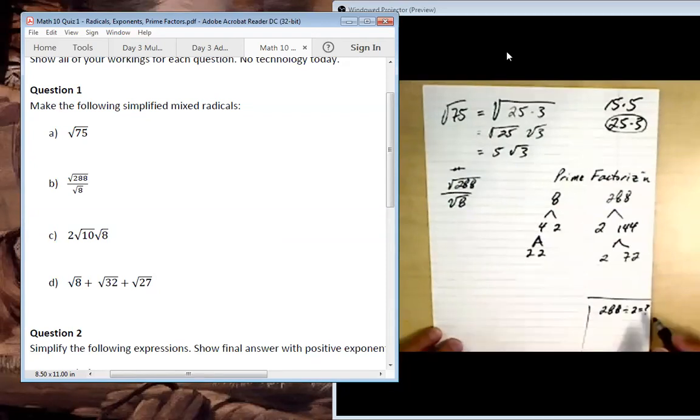If it isn't, then you can do long division if you remember that. So 2 goes into 2 how many times? Once. 2 goes into 8 how many times? 4. 2 goes into 8 how many times? Okay, so there it is. 144.